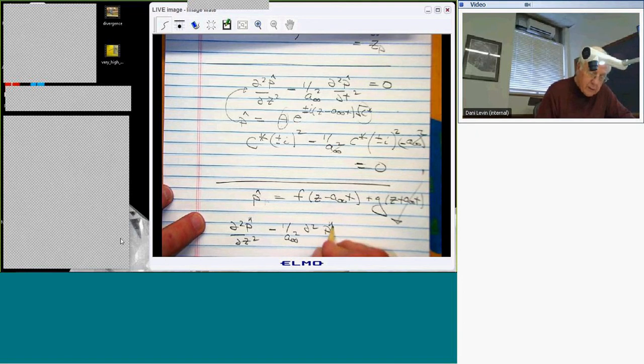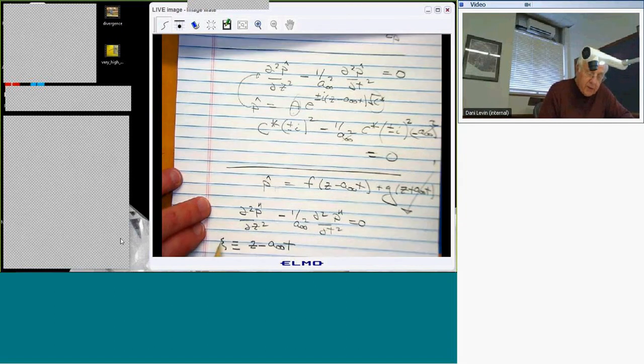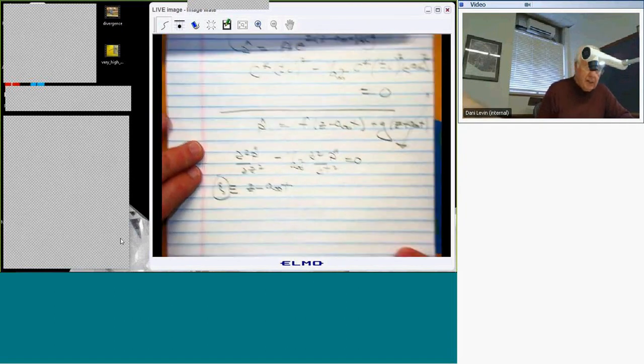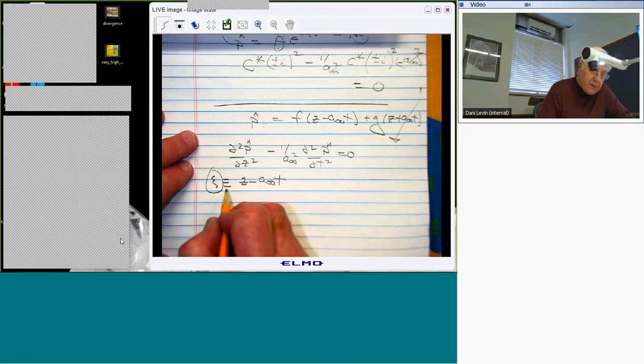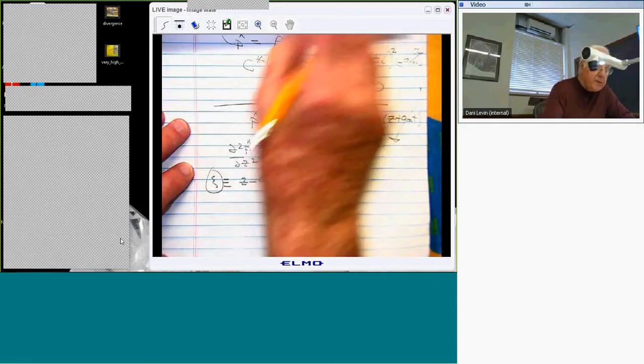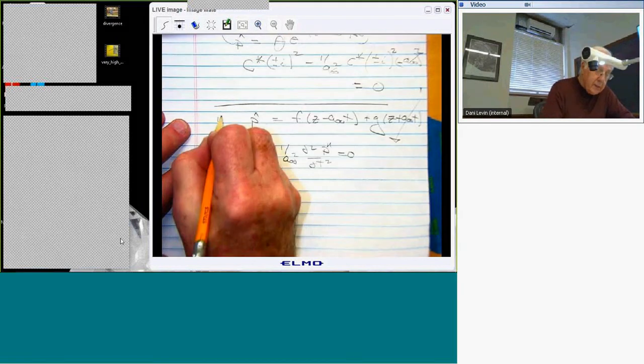if I define this combination of z minus a infinity t as some variable c, then I can take this equation, it's almost 18, 19, and 20.